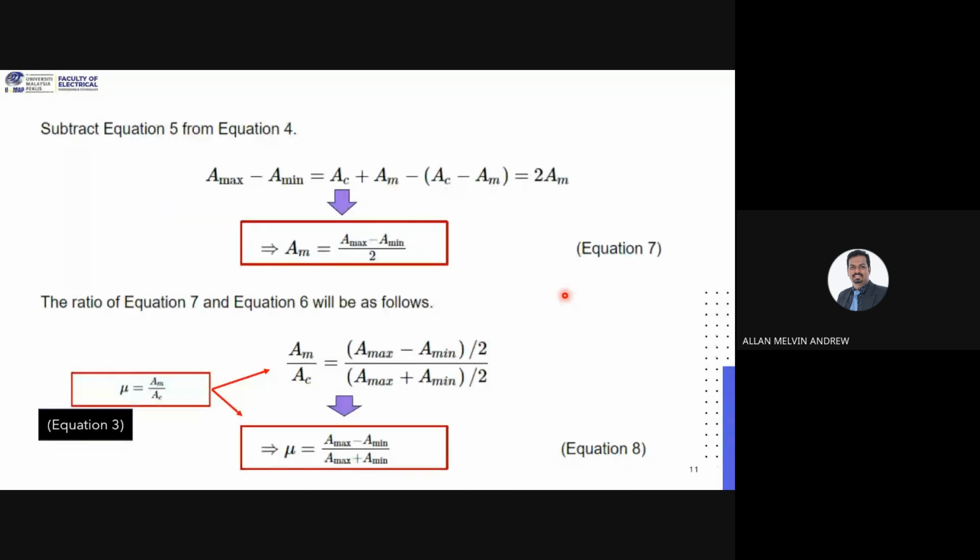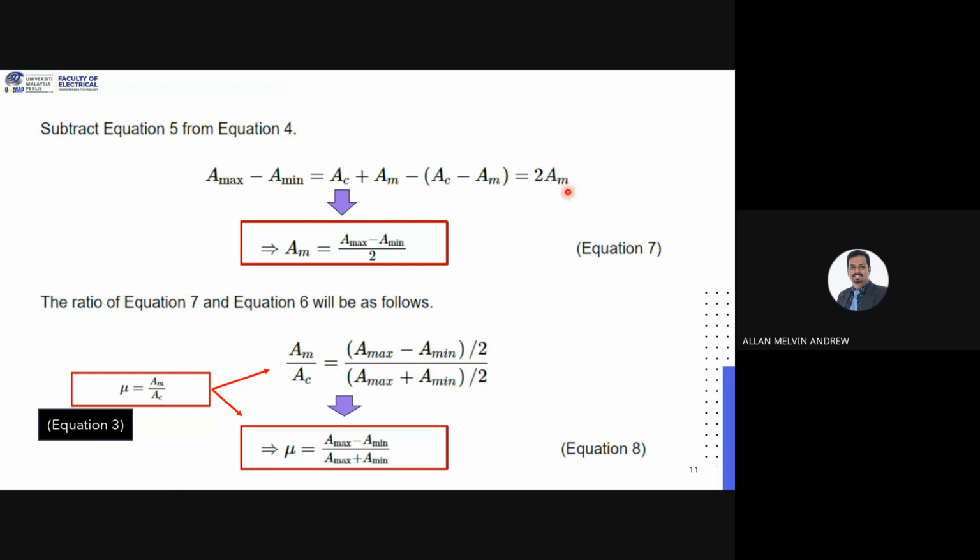I continue. Let's say we want to find a subtraction between equation 4 and equation 5. A max minus A min: A max is Ac plus Am, minus A min, which is Ac minus Am. After you solve, A max minus A min is 2Am.